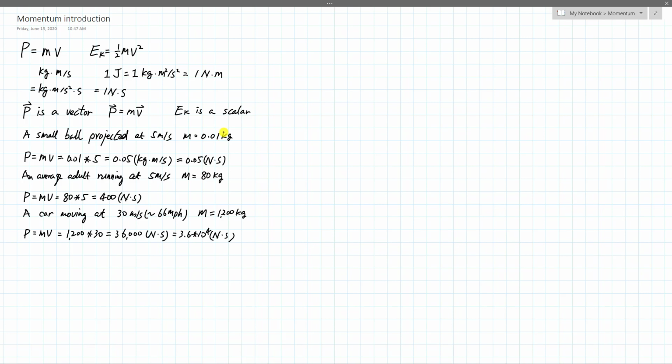And since we talked about momentum in this way, Newton times a meter, I want to do a little bit of an introduction of how momentum is transferred by forces. So here on the right side is basically the relation between forces and momentum. We start with Newton's second law. This is something we have used for a while.